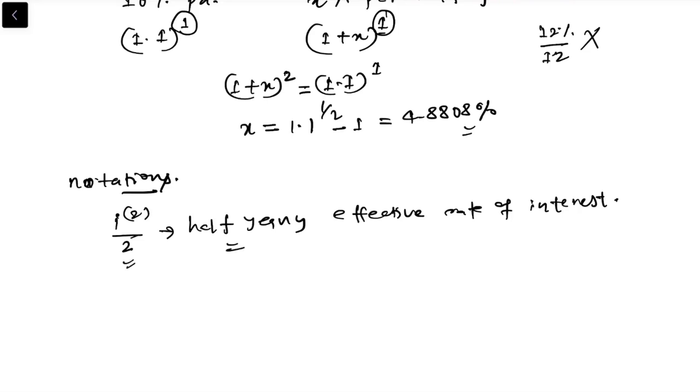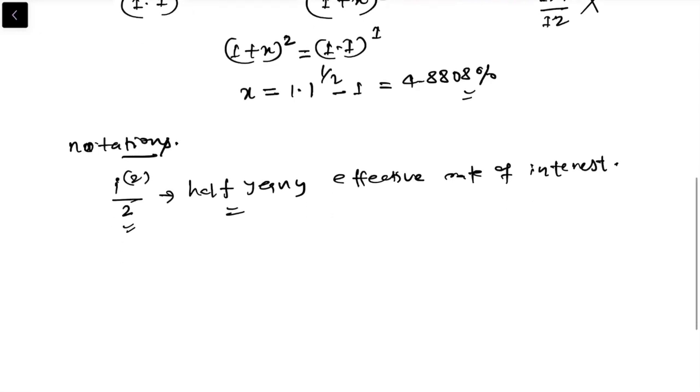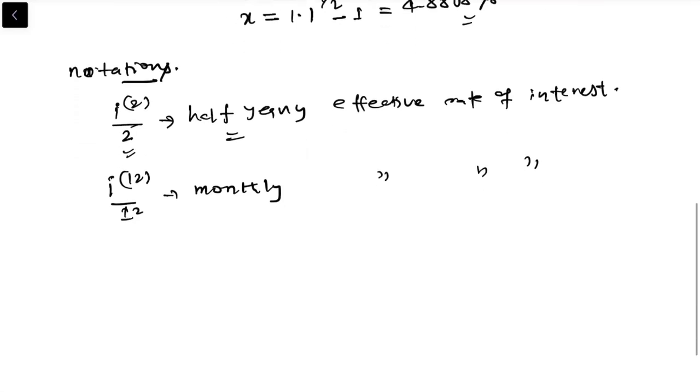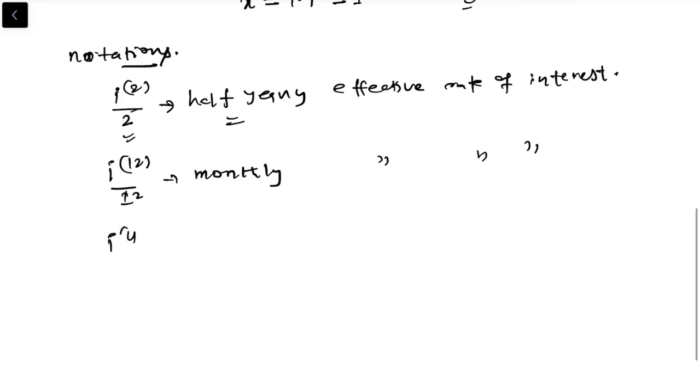You can simply write this notation, and this will mean half yearly effective rate of interest. Similarly, i(12) divided by 12 is monthly effective rate of interest. And if you are given i(4) divided by 4, then this is quarterly effective rate of interest.